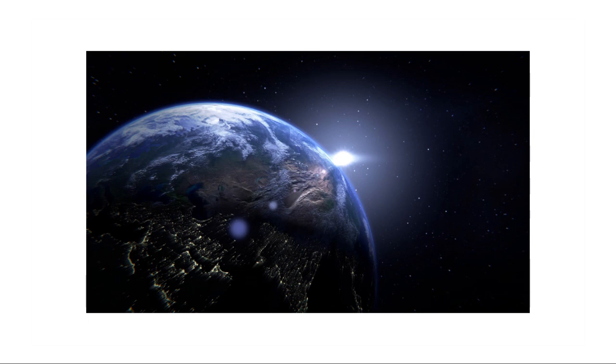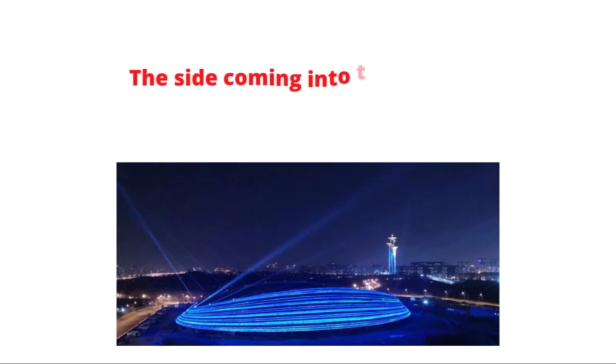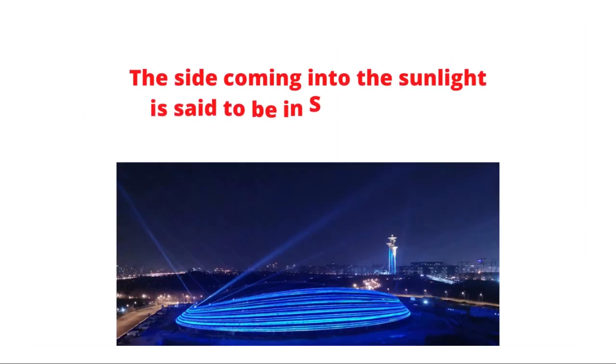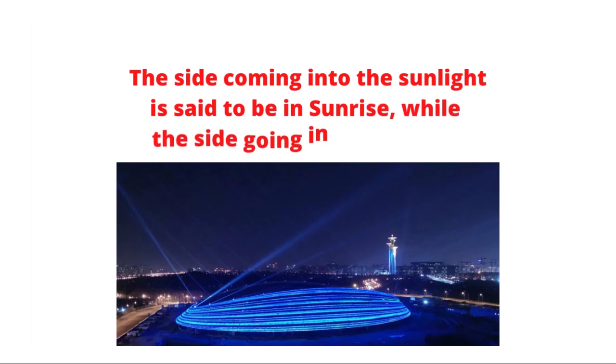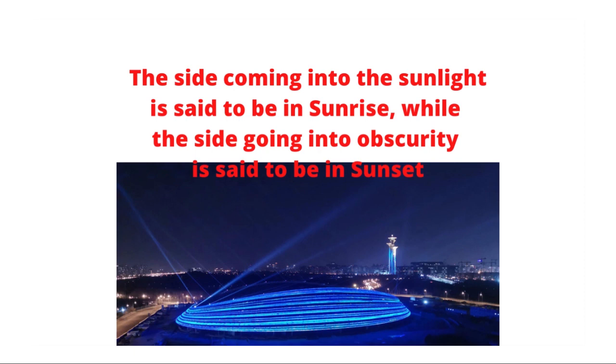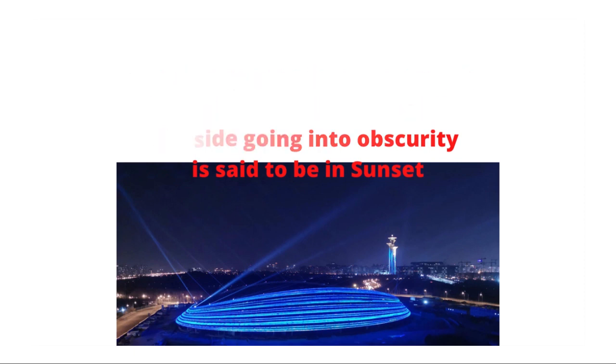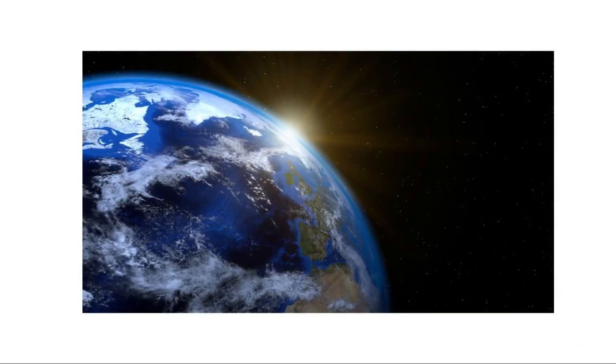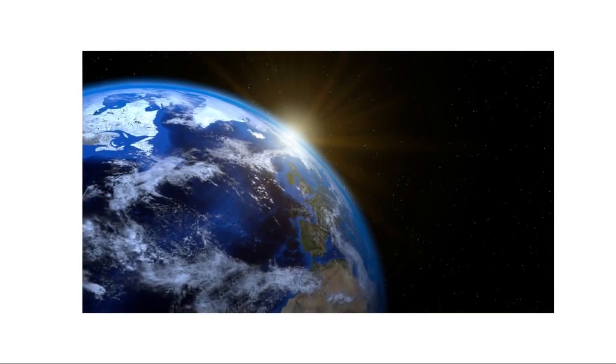As the Sun tends to fade away, the part that is having faint sunlight is regarded to be in sunset, where the Earth is moving into obscurity as the Sun fades in the evenings.